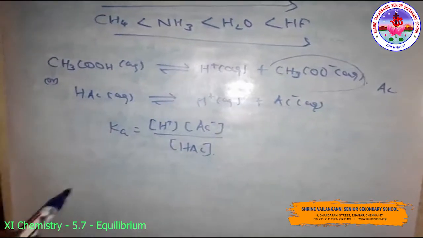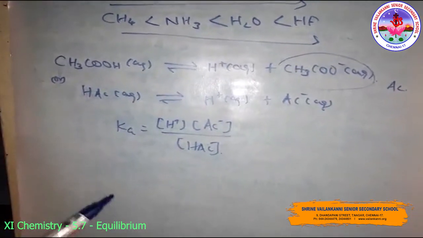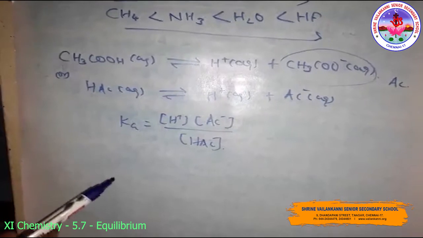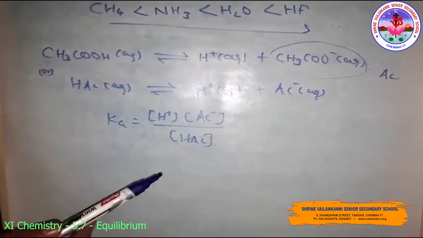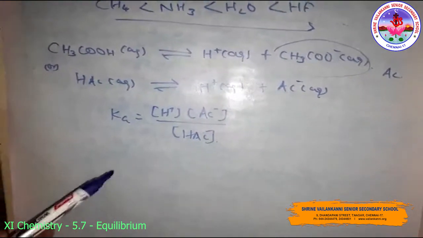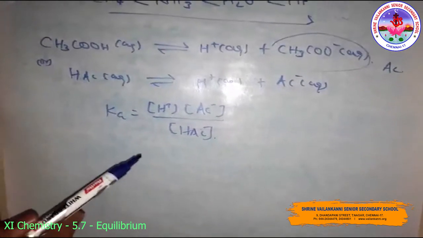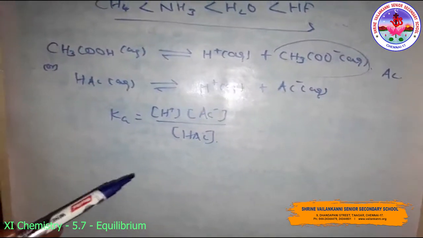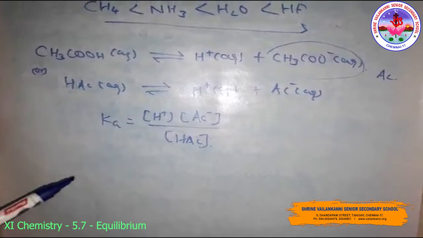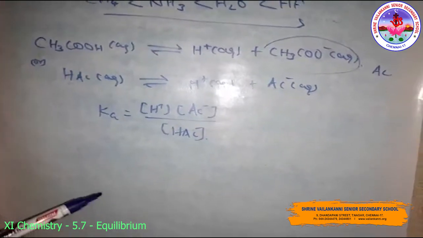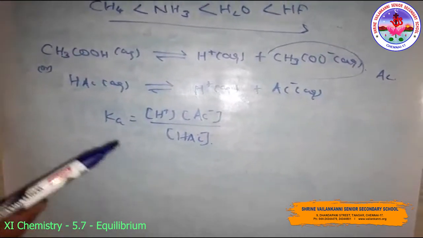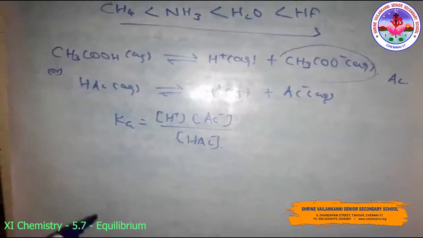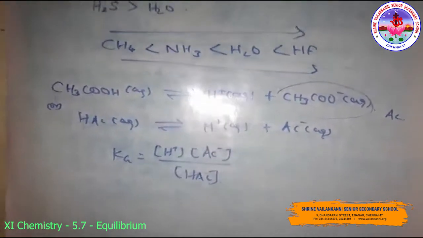So the addition of acetate ion to an acetic acid solution results in a decrease in the concentration of the hydrogen ion. That is, if H plus ions are added from an external source, then the equilibrium moves in the direction of the undissociated acetic acid, so that is in the direction of reducing the concentration of hydrogen ion. This is called the common ion effect.